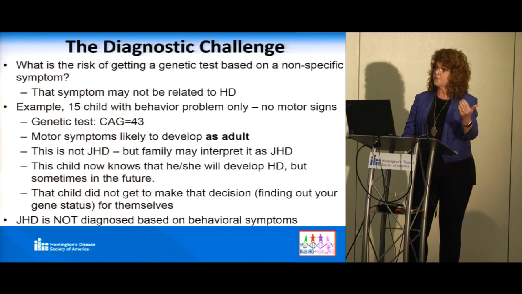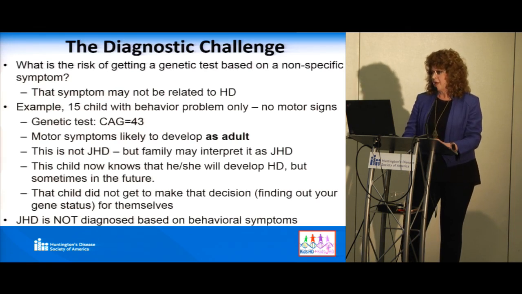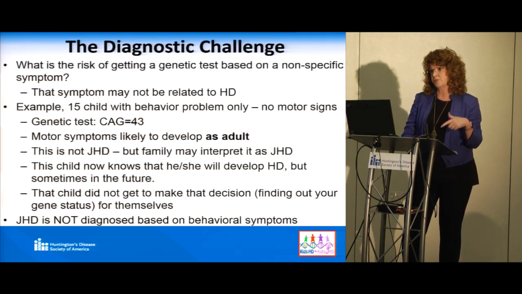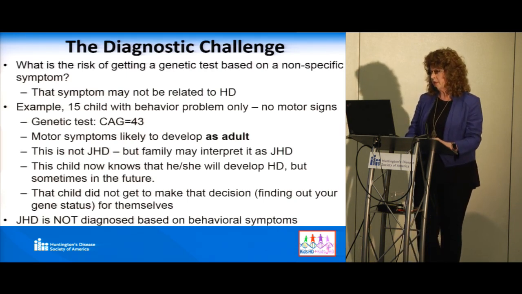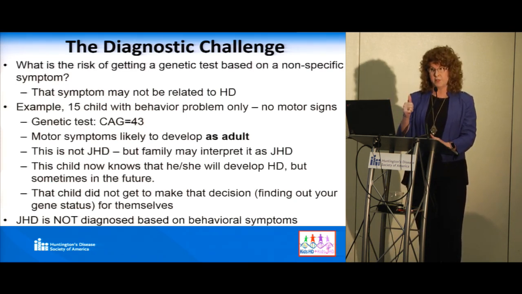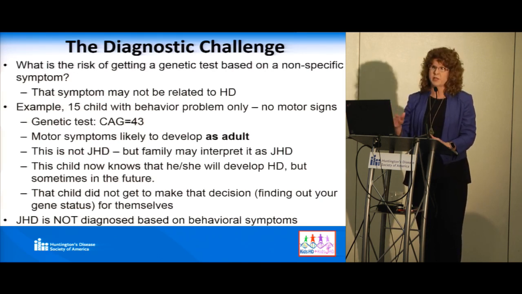This child, who's 15, is very vulnerable in terms of adolescence and emotions and everything that's going on around them. And they didn't have the chance to have a say, because they're 15, whether or not to get that test. So JHD is not diagnosed on behavioral symptoms because they're nonspecific, and because the neurologist absolutely wants to avoid the scenario of getting a repeat that's in the adult range but does not explain the behaviors.